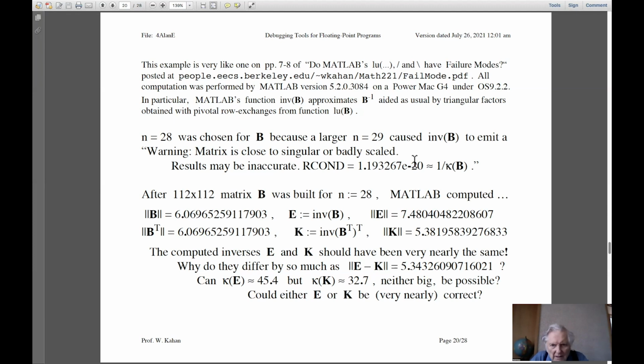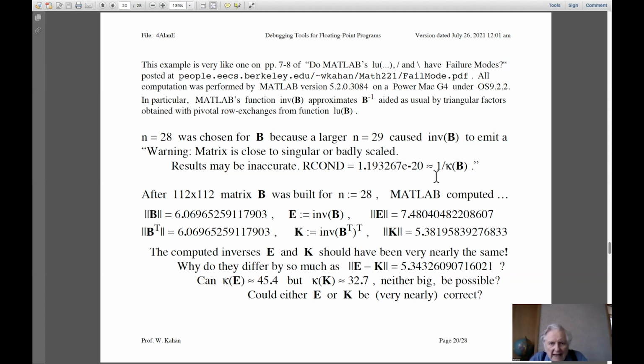Now, the norm of the matrix and the norm of its transpose turn out to be the same. And when we compute the inverse of the matrix, that's E, and the transpose of the transposed inverse, okay, no, it's not the transpose inverse. It's the inverse. It's not really the inverse. It's a computed inverse. And we compute the inverse of B transpose and then transpose that.